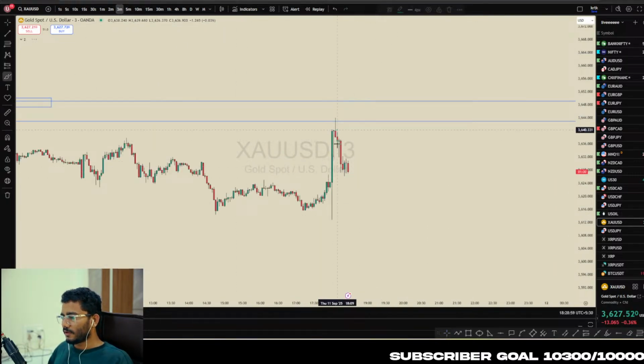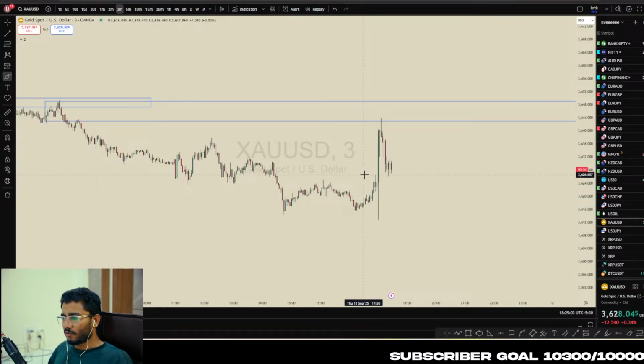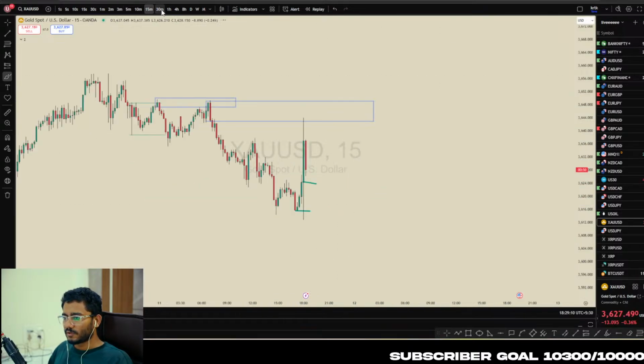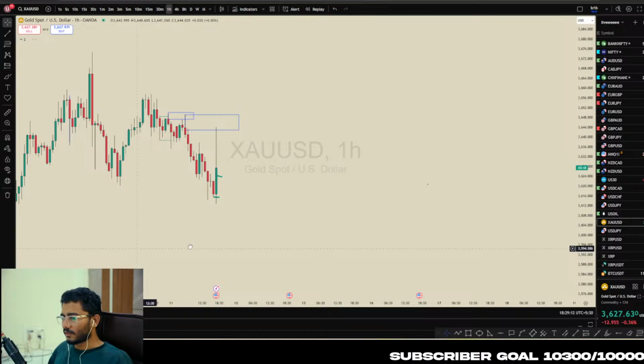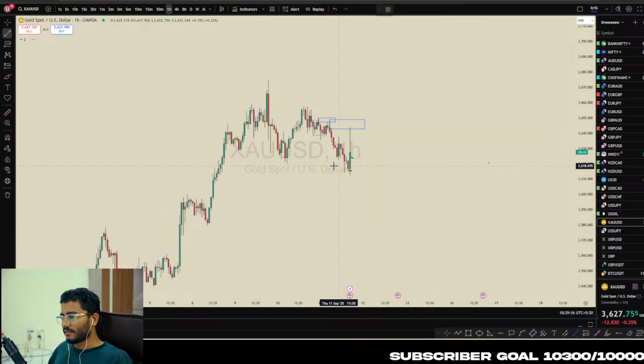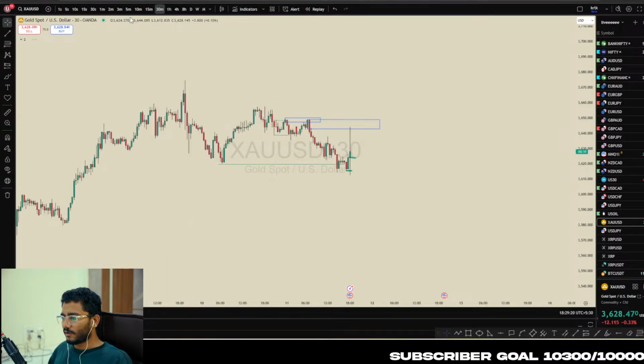So I think it should continue to the downside. But right now we don't know. Price has already swept the liquidity from this high, so it can react from this also. So I'm still confused. But if you look at 1 hour, then at higher time frame, price is giving a change of pattern. So let's look for a downside entry.